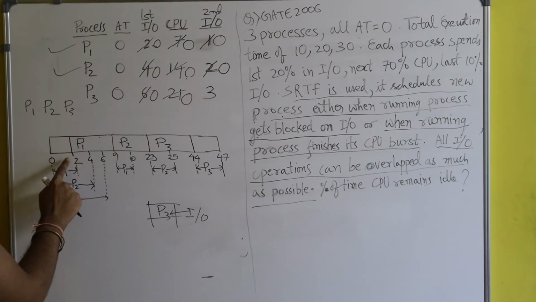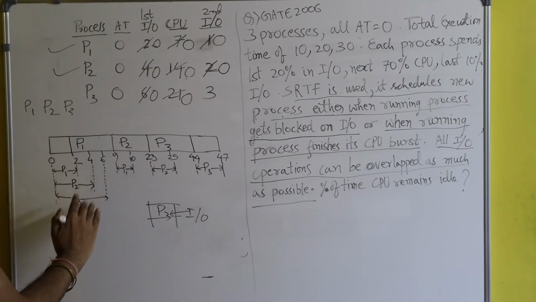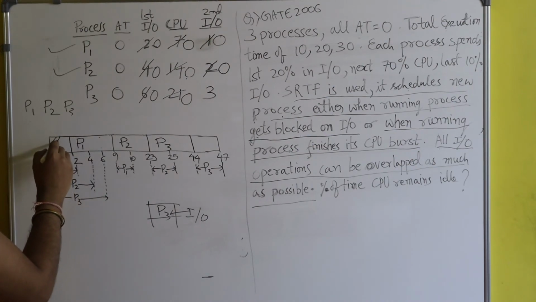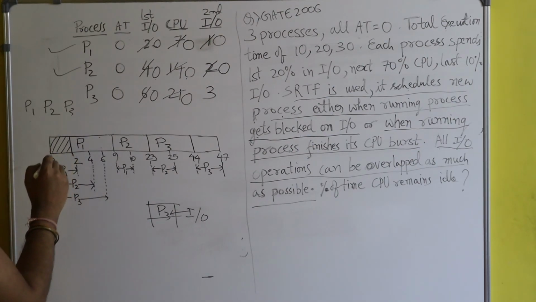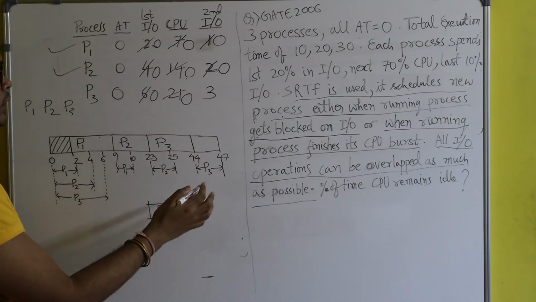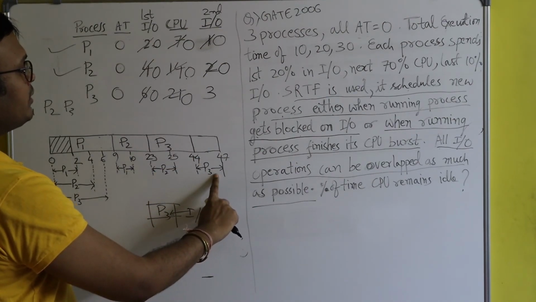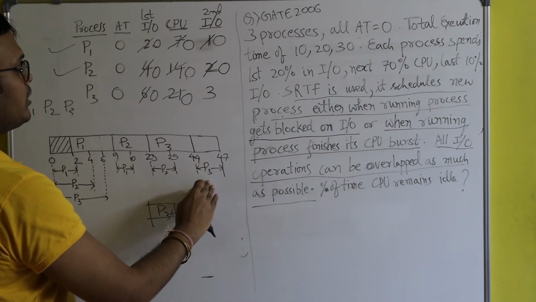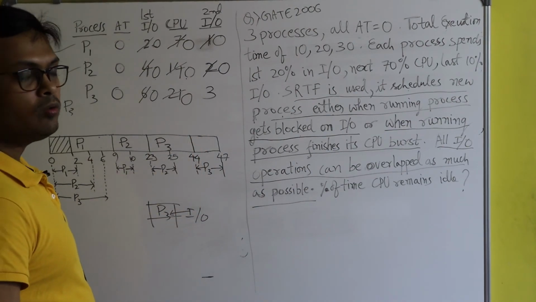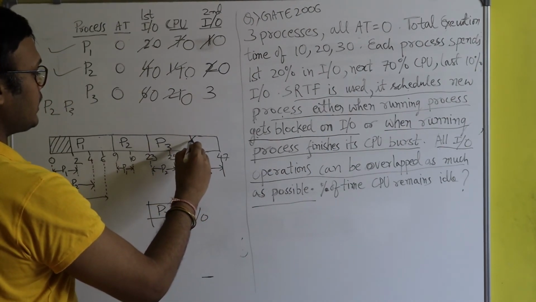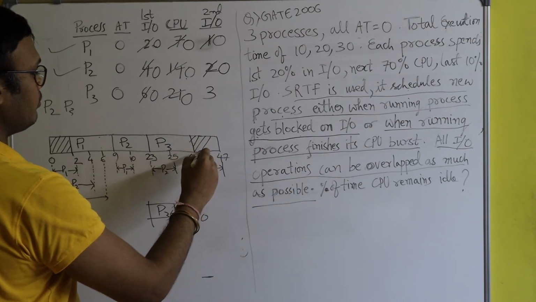From 0 to 2 seconds, all the processes are busy with IO. So at this time the CPU is idle. Also at the ending, P3 is busy with IO, which means P3 is not using the CPU. So this time is also CPU idle time.